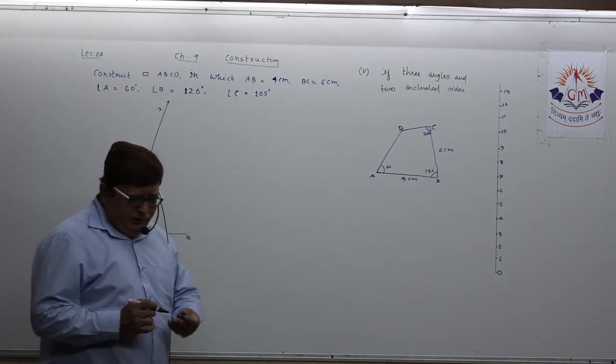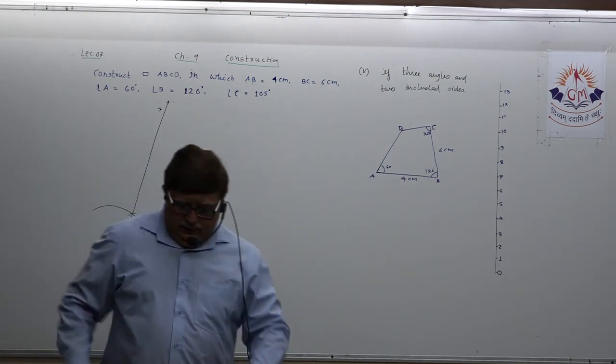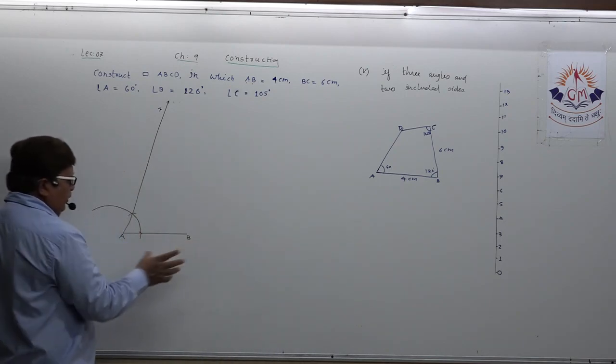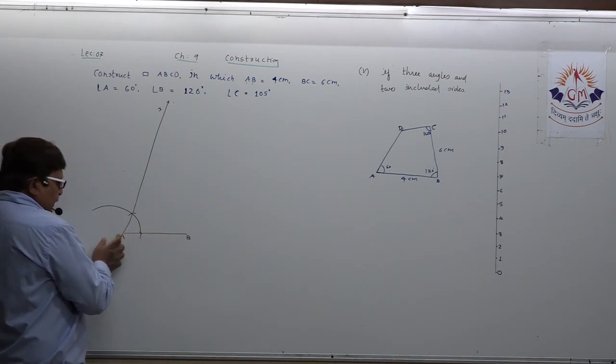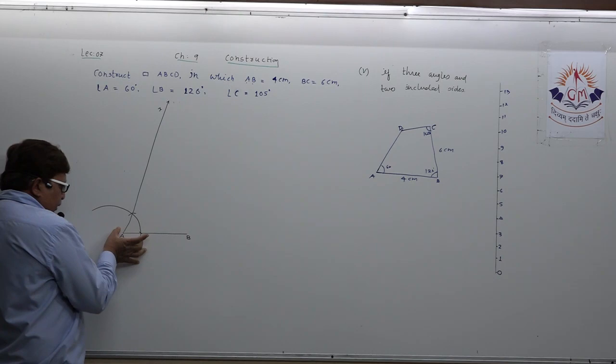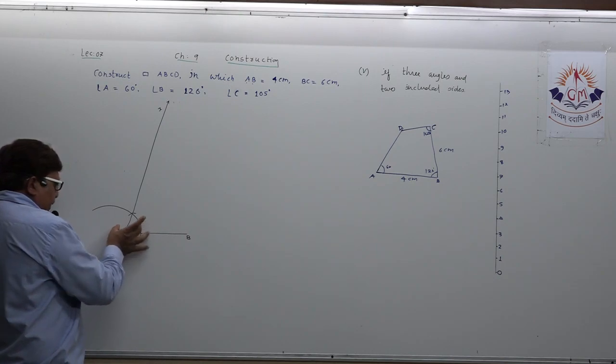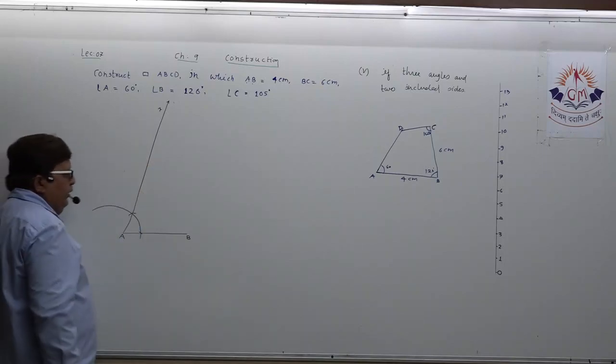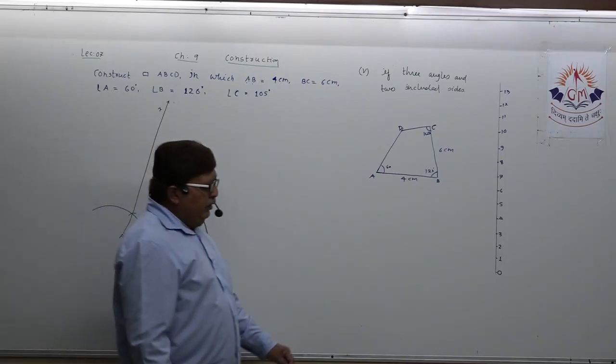Angle of 60 degree has been constructed. First we have taken AB of 4 centimeter. Then I have centered my compass at A, taking some appropriate radius, an arc is drawn, and then it will intersect, and the ray.